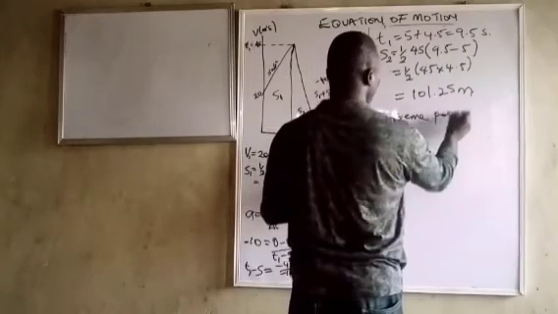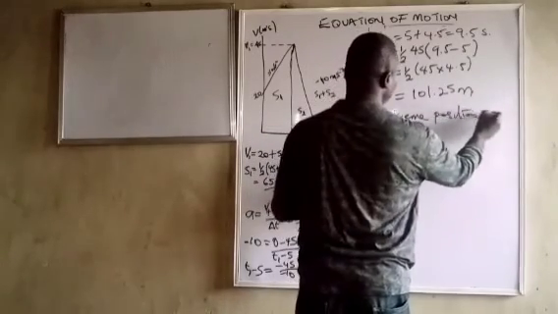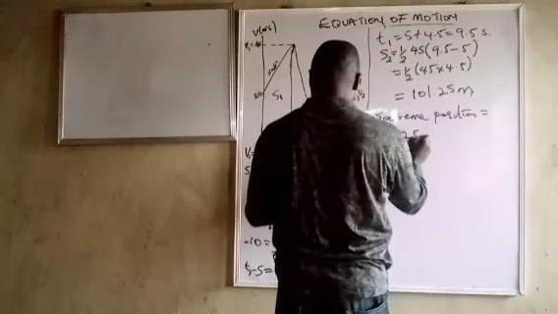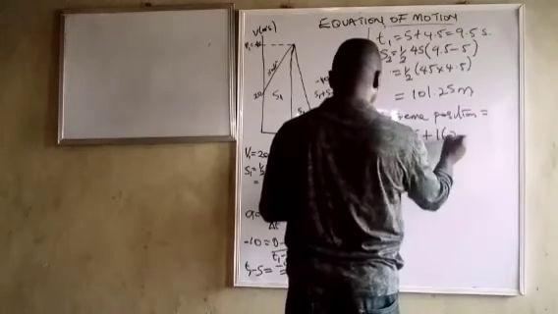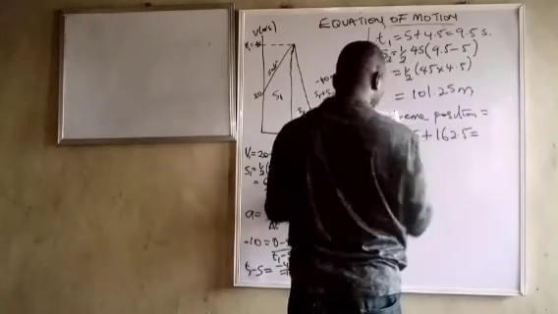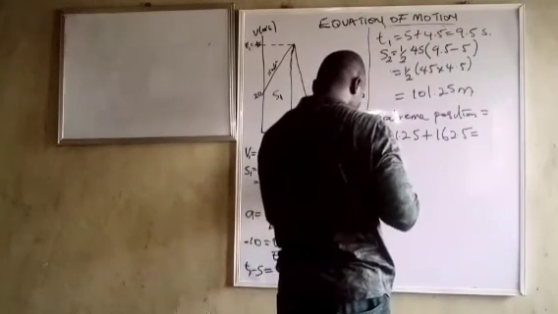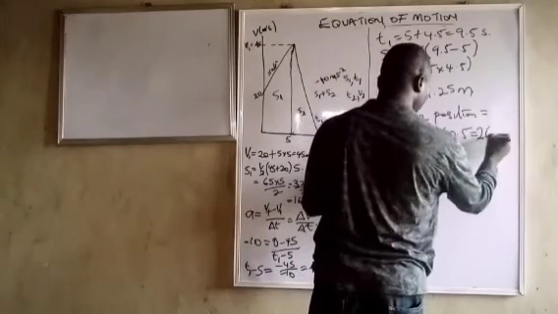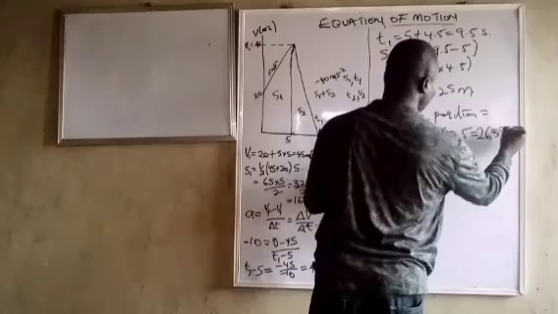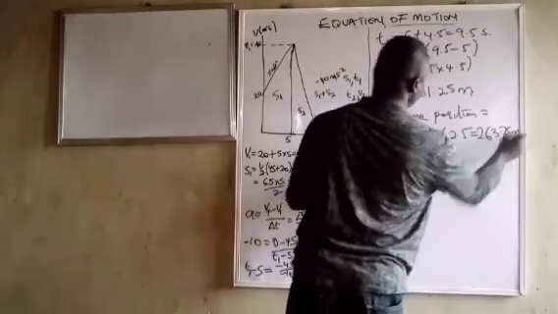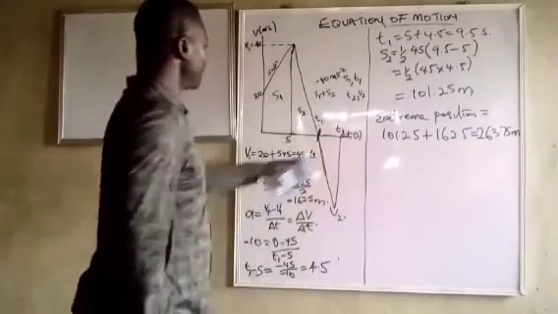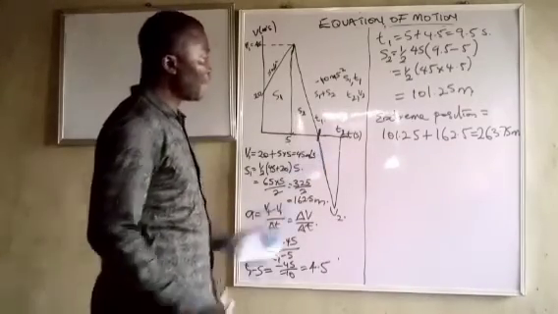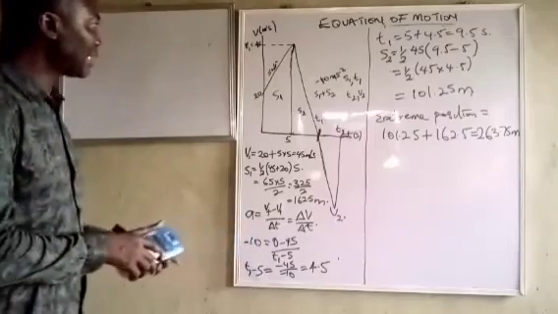So extreme position is equal to 101.25 plus 162.5, and that is 263.75 meters. So it is telling us that the position at this place is 263.75 meters.